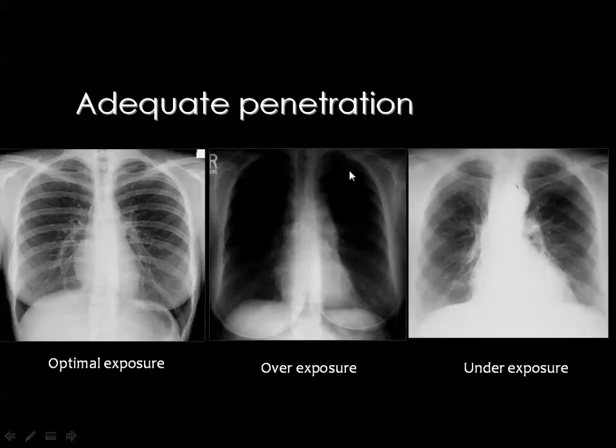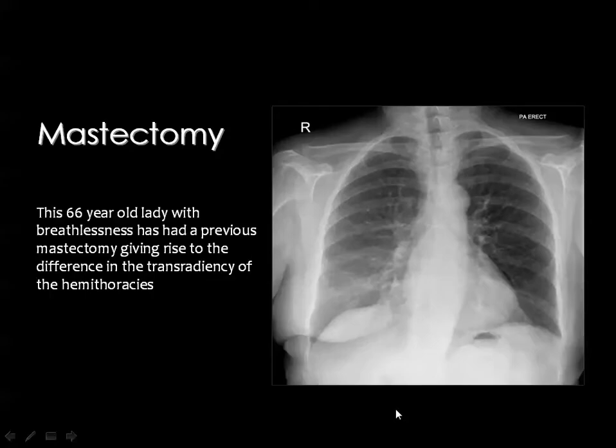Overexposure will project the lung fields very dark, and you can also see the thoracic vertebrae through the cardiac shadow. While in the underexposed film, you can see the haziness of the hilar shadows, also the appearance of the costophrenic angles, which are not clearly projected in this view.